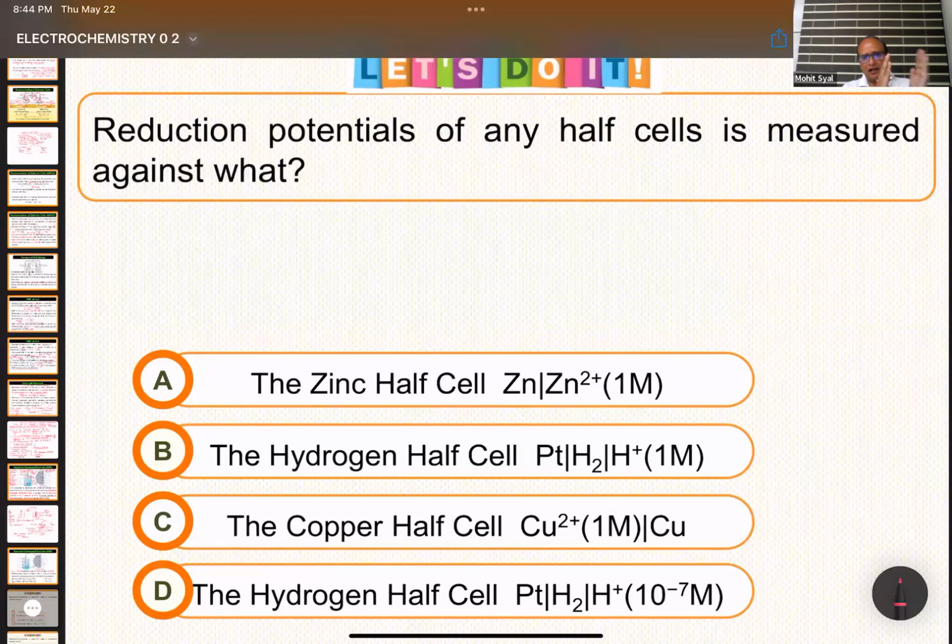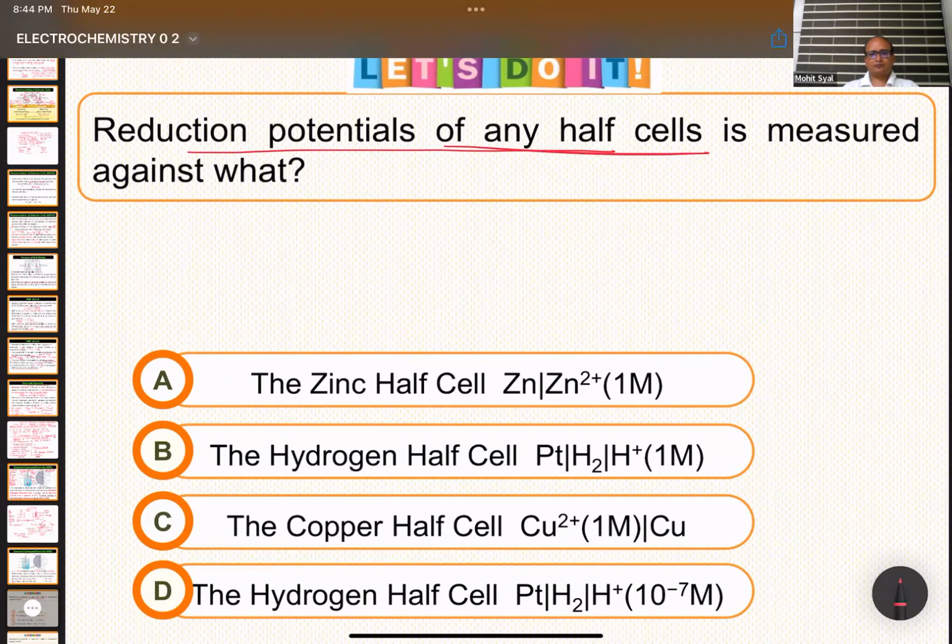One side of the electrode is half cell. Is measured using which electrode? Ibrahim, what should be the answer? Zinc half cell. No, sorry. No. Hydrogen. Any hydrogen half cell. Any electrode, how is it measured? By connecting that electrode to standard hydrogen electrode. Yeah, standard hydrogen electrode.